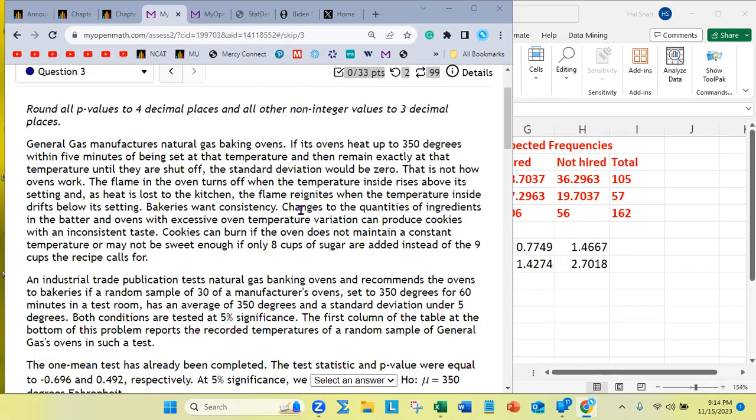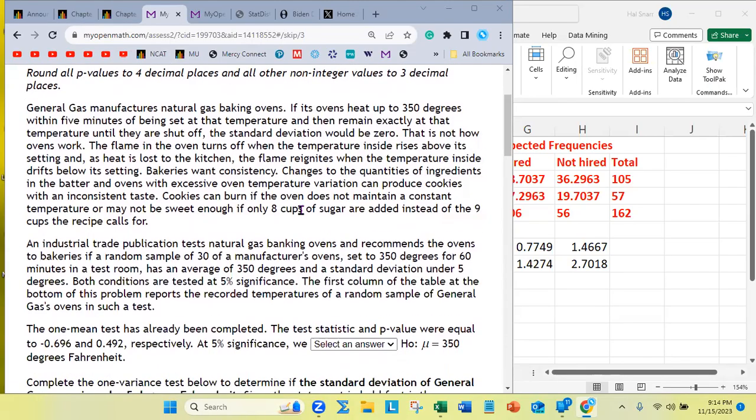That is not how the ovens work, though. The flame in the oven turns off when the temperature inside rises above its setting. So maybe the flame turns off at 355. And then the heat escapes the oven naturally through the door and the seal.